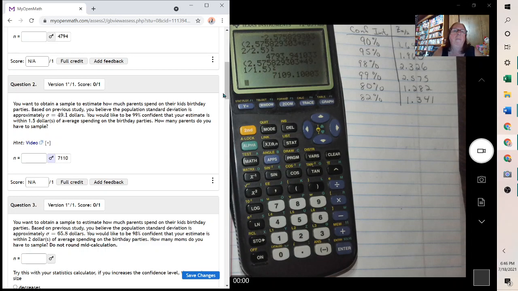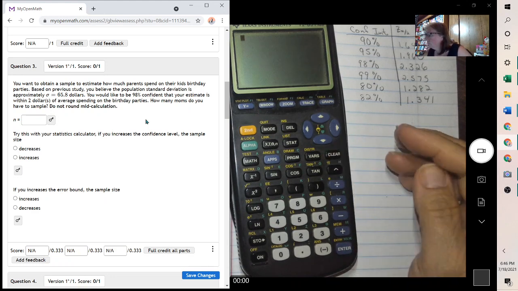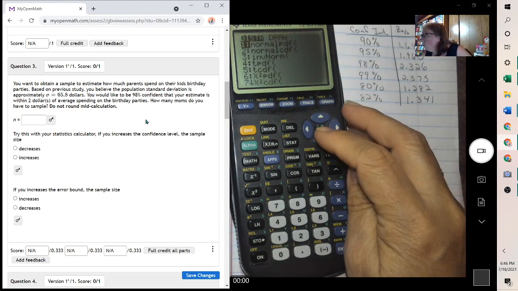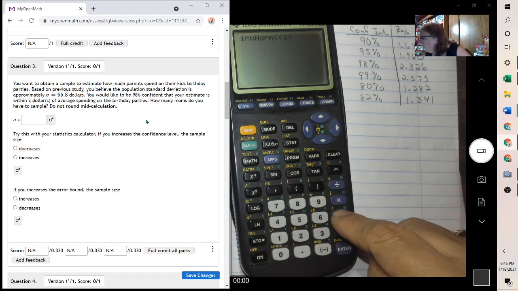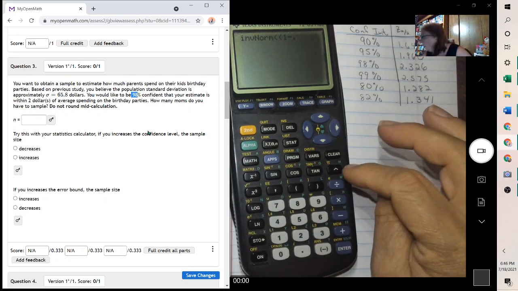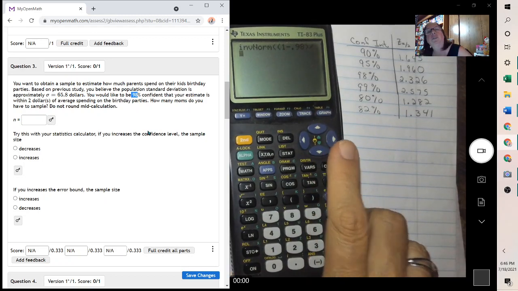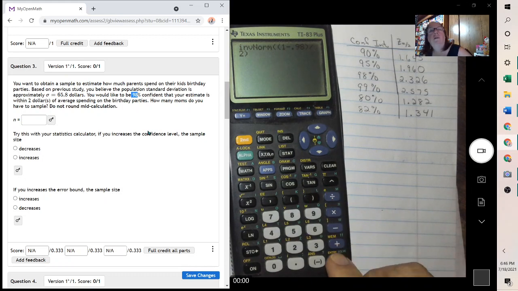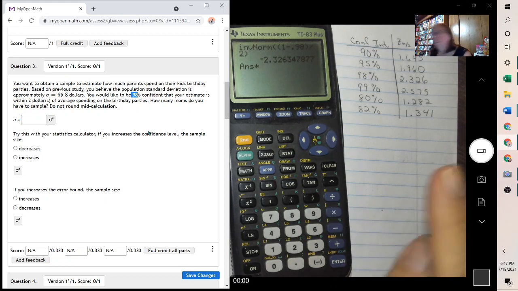Try one more. So this one is a 98% confidence. So second, distribution, inverse norm. We want a parenthesis, 1 minus 0.98, because it wants 98. Close the parenthesis. That is alpha. We want alpha over 2. So divide by 2. So that's our decimal. And we want to multiply that by the standard deviation.